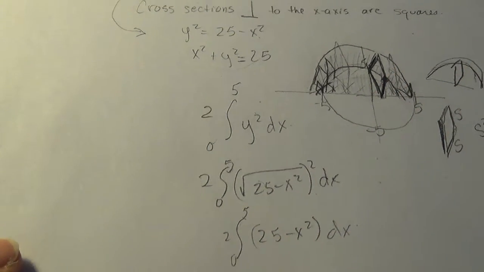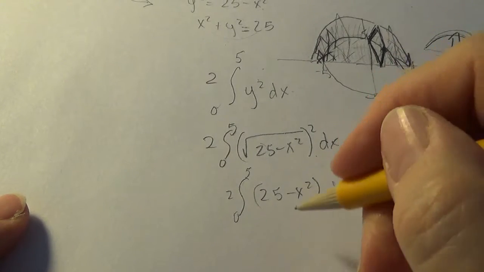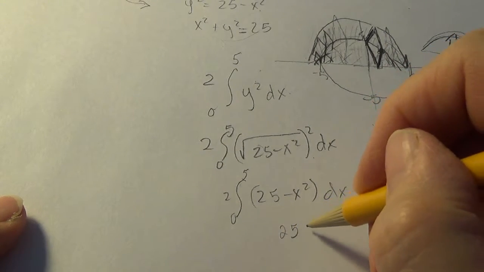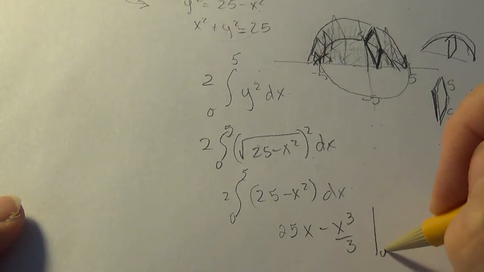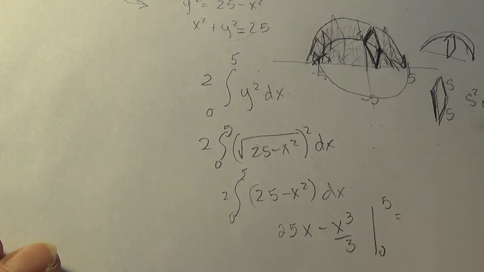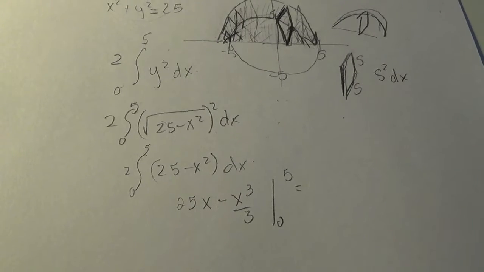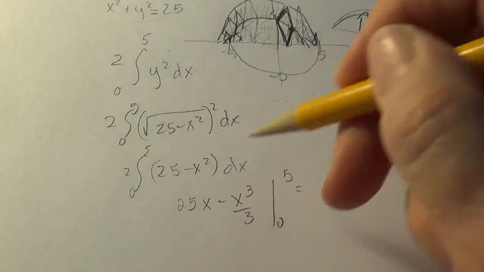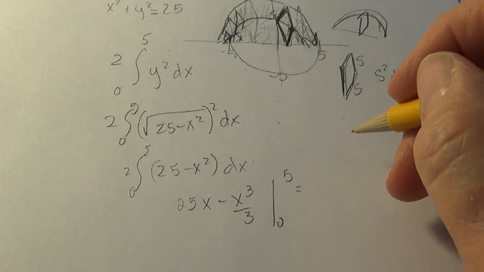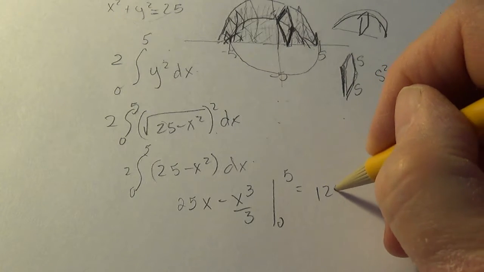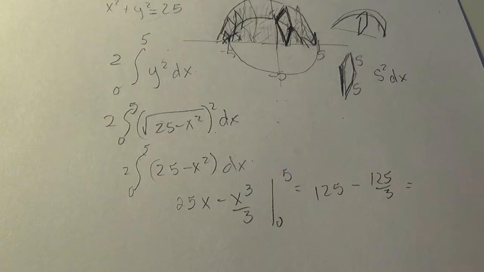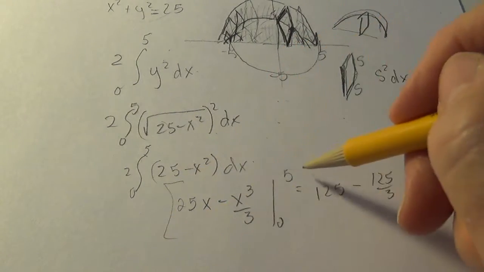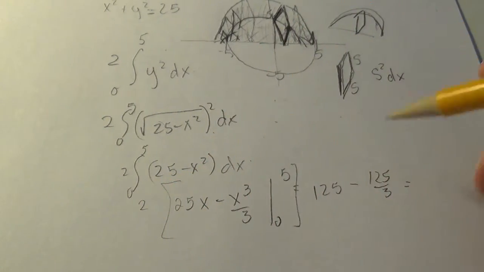And I always ask you to do one by hand, so on this assignment I would pick this one. 25x minus x cubed over 3, from 0 to 5. So I end up with 25 times 5, which is 125, minus 125 over 3. And all that is still multiplied by 2.